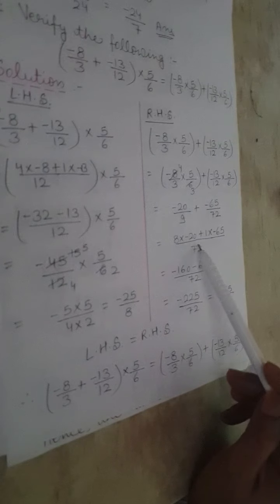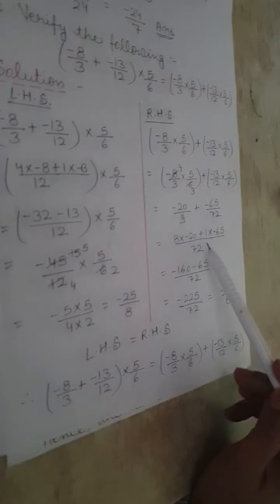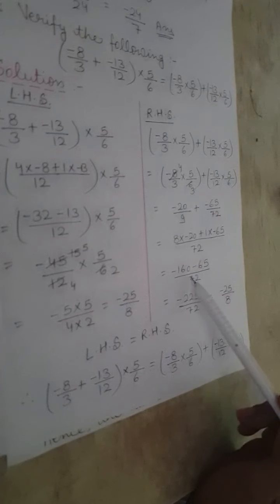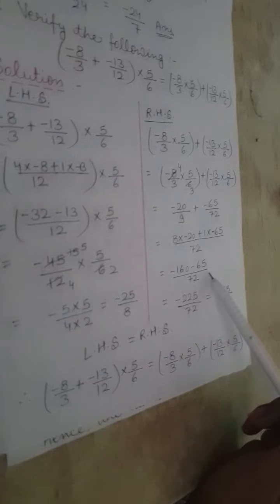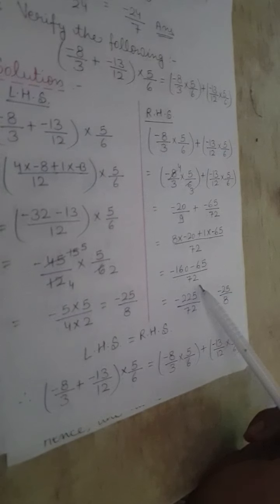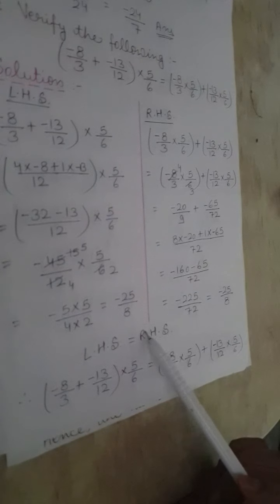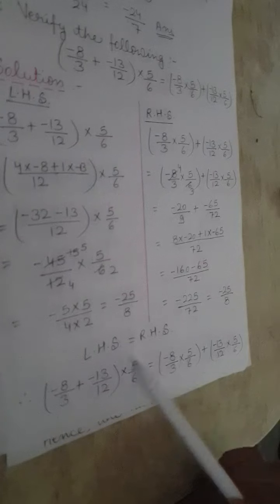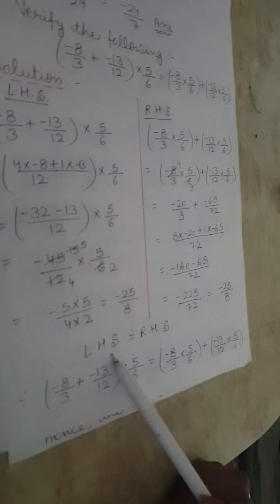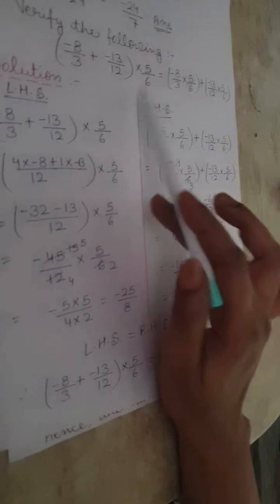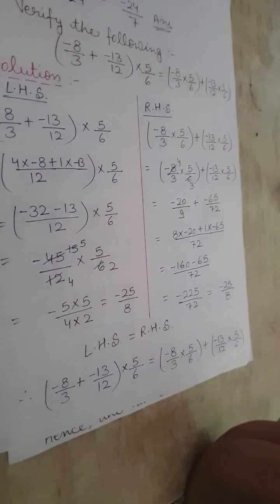So 8 multiplied by minus 20 plus 1 multiplied by minus 65. Here the solution is minus 165 upon 72, and what we get is minus 25 upon 8. That is the same as our LHS. So we can say that LHS is equal to RHS, and hence our sum is verified.